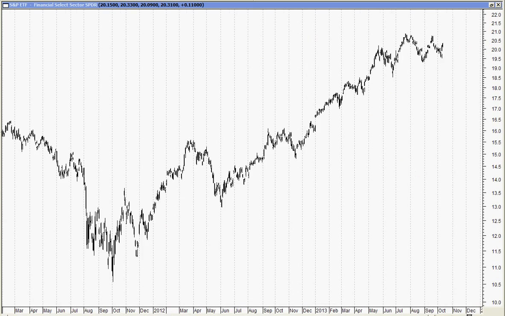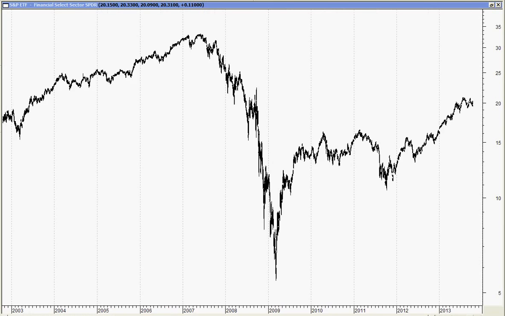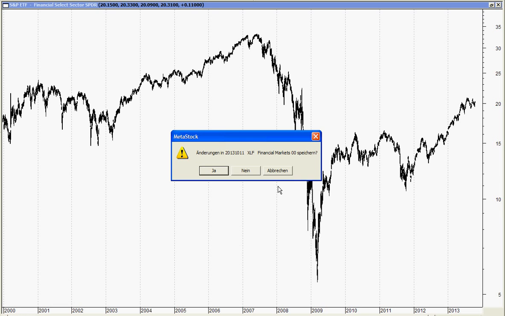All in all, once again, I would prefer the long side into year end and next year in the S&P and here in the financial select sector.